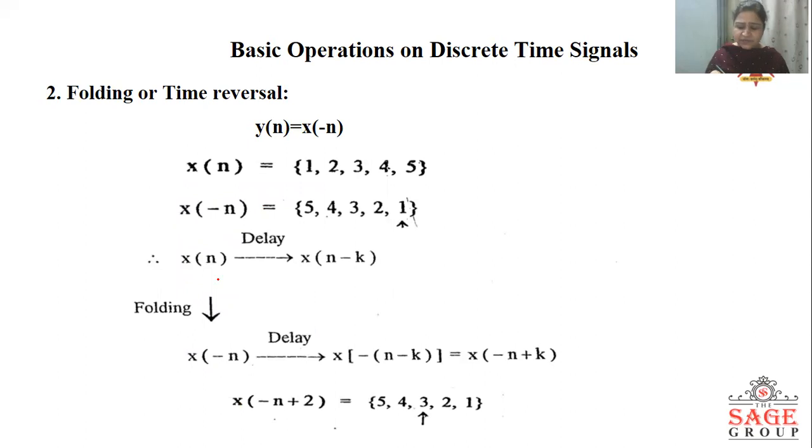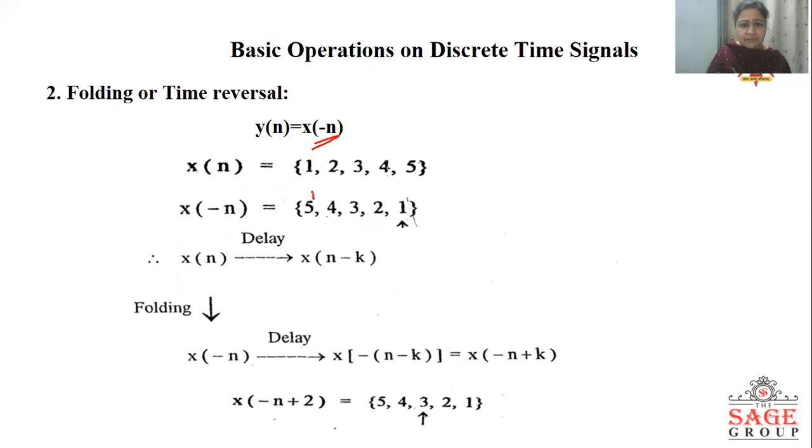Now, next we have folding of the signal, or time reversal of the signal. I had already told you, when we were discussing the even and odd components of a signal, that the folded version is represented by x of -n. Say we have any signal x[n], which is 1, 2, 3, 4, 5. Now in the signal, no arrow is shown here.